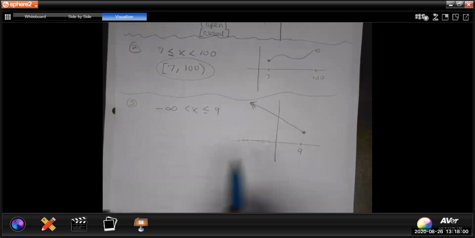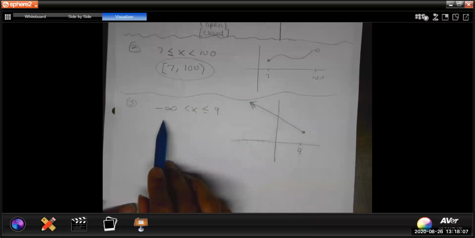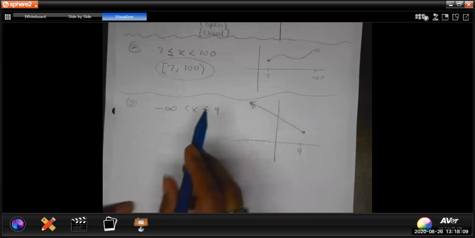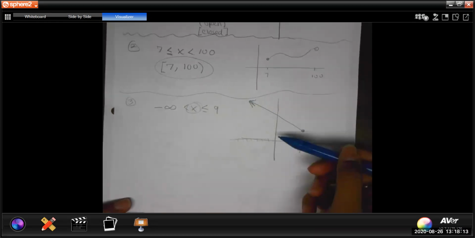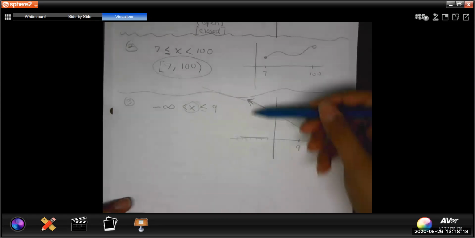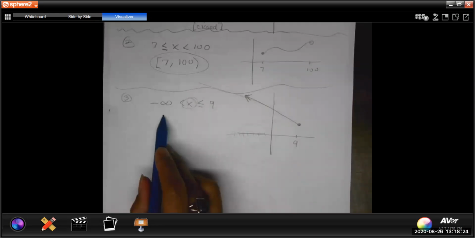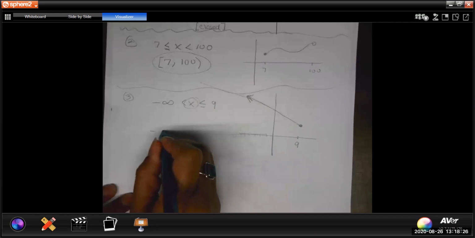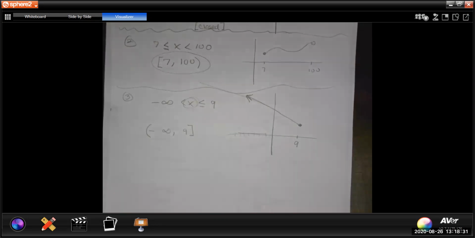Now, kids will often say, Mrs. Torres, that's going up towards positive infinity. If it's going up, why do I have negative infinity? Because I'm reading the x-axis, and the x-axis doesn't go up, it goes left. It goes left forever. I'm not looking at up forever until I'm reading the y-axis, which I'm not even talking about yet. So -infinity to 9, and you'd write it like this, (-infinity, 9], and parentheses always on infinities.